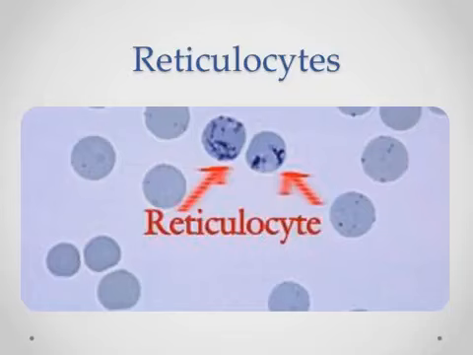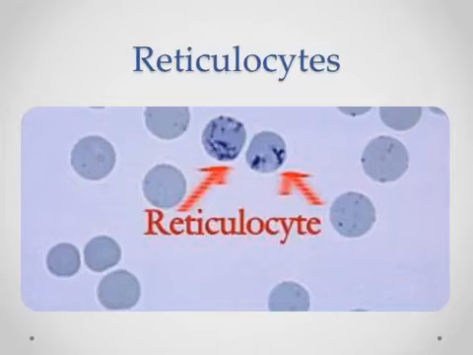Normally we have a retics percentage from 0.5 to 2.5%. But if there is reticulocytosis, an increase in the reticulocyte production index, this means something is going on, like a hyperactive bone marrow in case of hemolysis, hemolytic anemia.